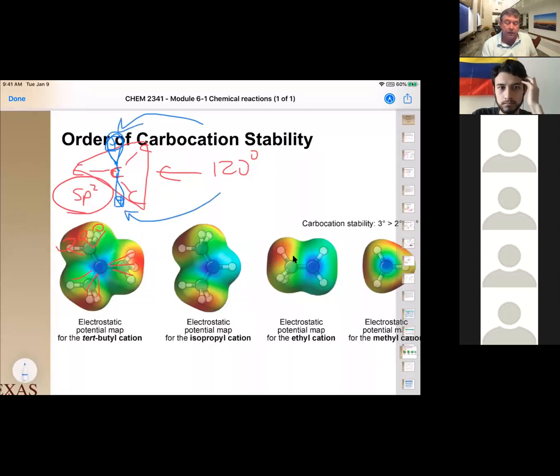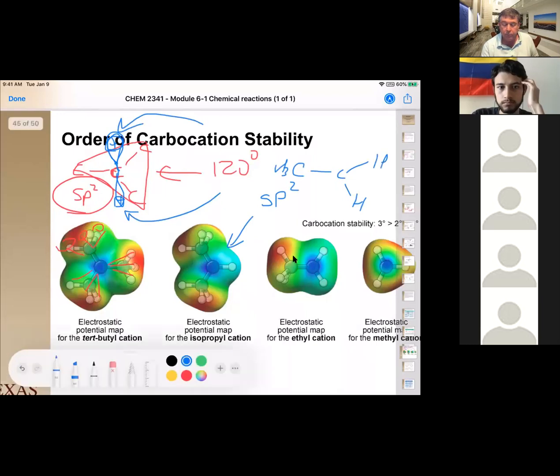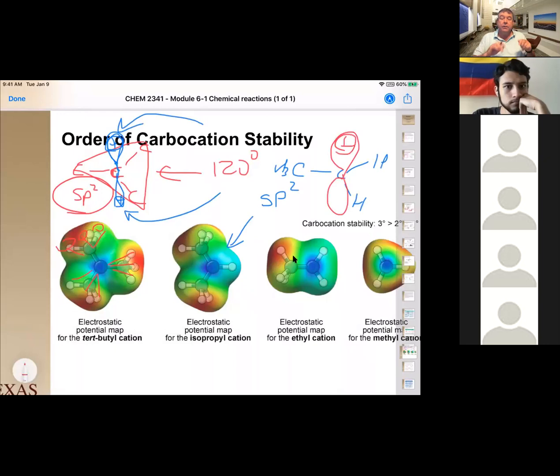Okay, so now that we know that our sp2 hybridized carbon here is a nice trigonal planar carbon, and we have that empty orbital above and below the plane, we can also see that the hydrogens that are sticking up over here can donate slightly to that empty p orbital, okay?